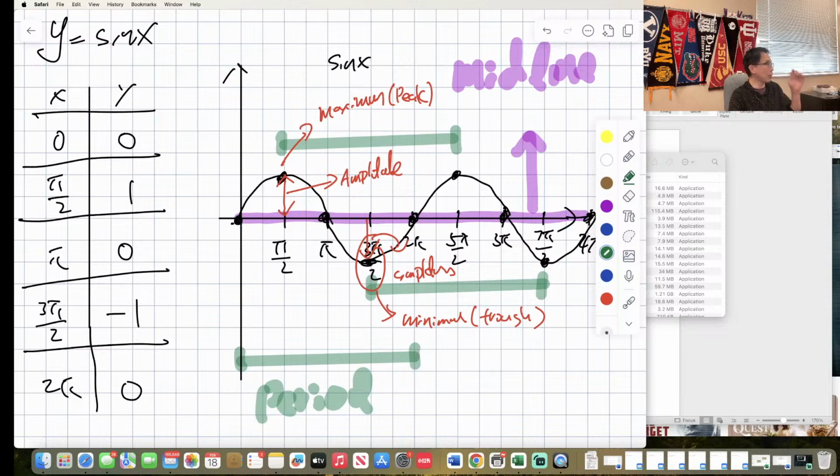From peak to peak, or trough to trough, or the midline crossing the second time, because you go through the whole cycle. Trough, like the fish? How do you spell that? Trough is T-R-O-U-G-H, right? Did I spell it right? Yeah, trough. Like horse trough.